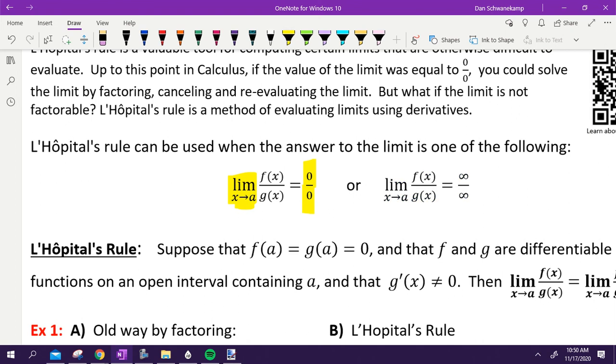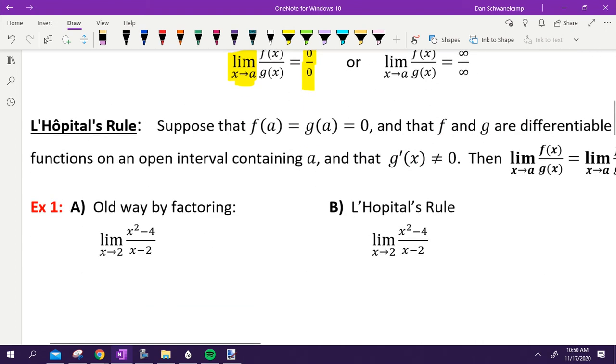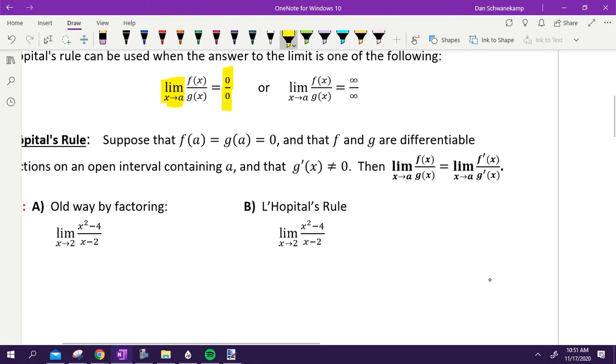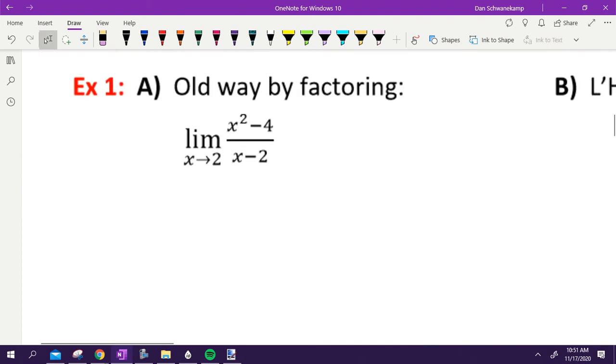It says if you're doing a limit and you're getting 0 over 0, then the limit to that problem is going to be the same as the limit of the derivative over its derivative.